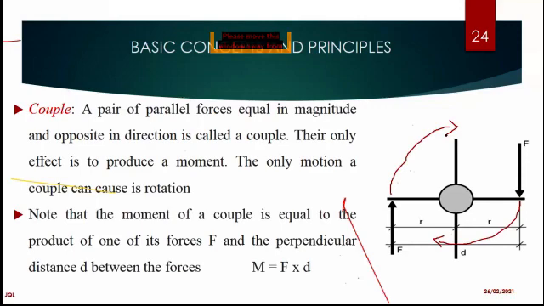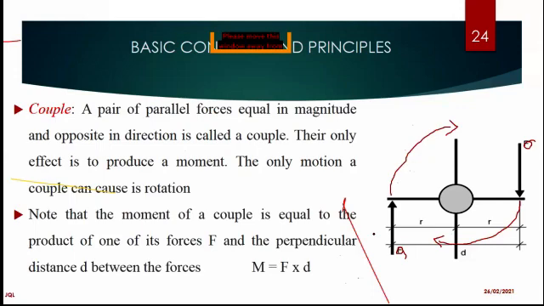Note that in a couple, these forces are always supposed to be equal. Then it's a couple. If this force is not the same as this one, then it is not a couple.